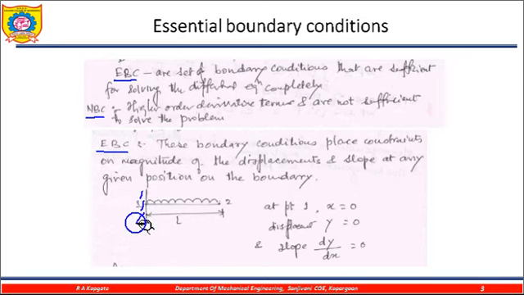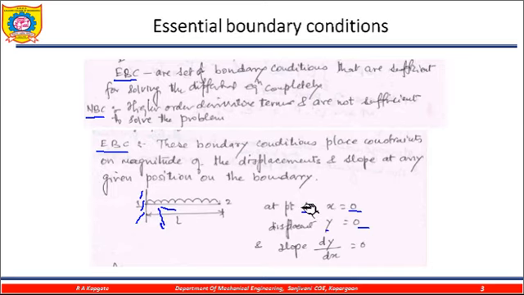So with this fixed condition, whatever boundary condition is applied, at point 1, x is equal to 0, and the displacement along the y direction is also 0, because at point 1 it could not extend in this direction or move in this direction.